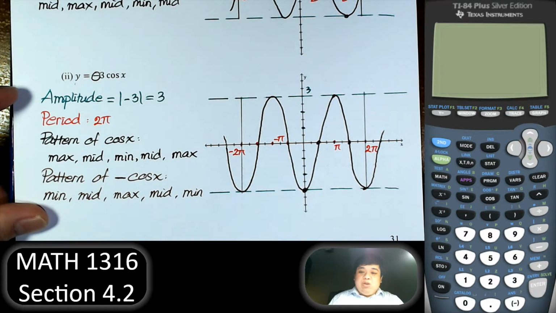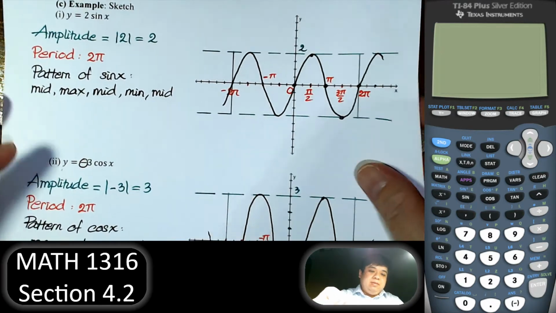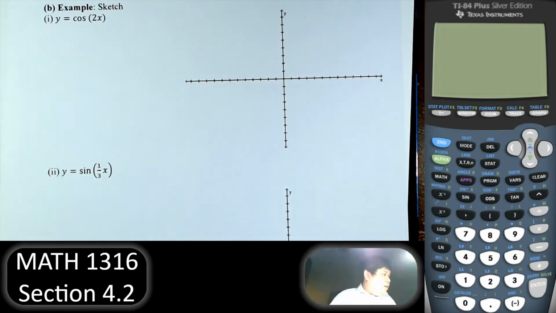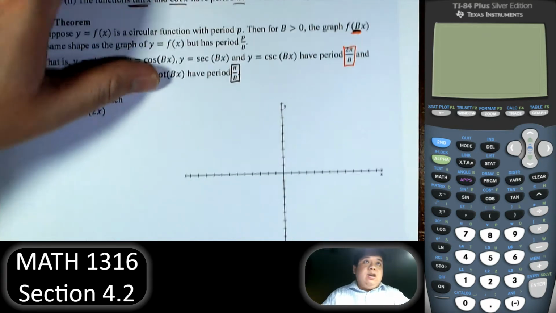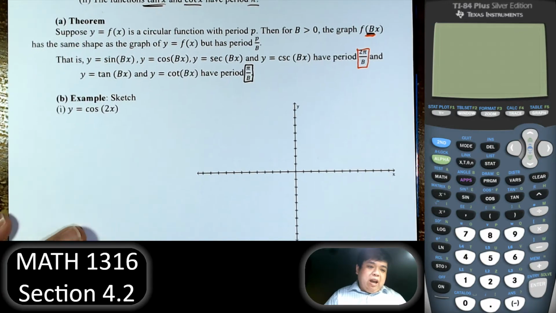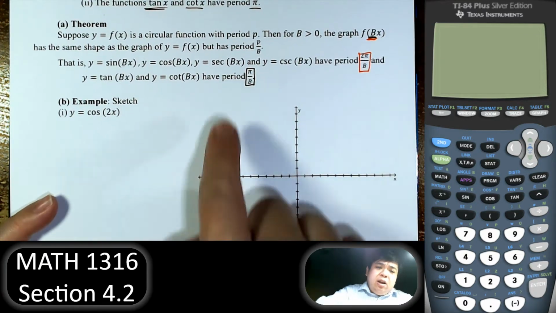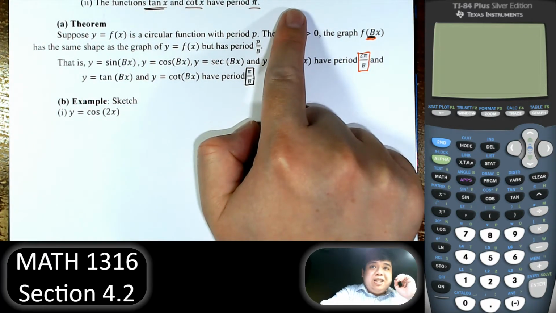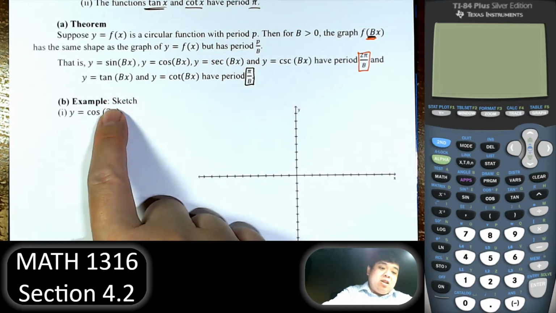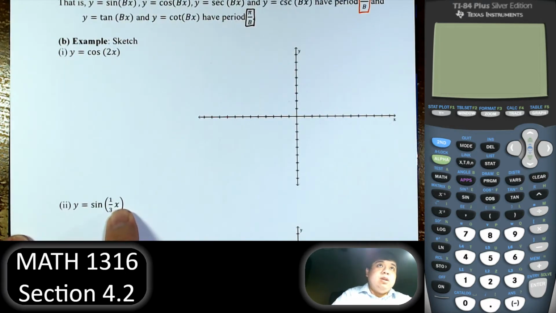Now we just add more and more to it. Next, when we have a different amplitude and period: by default, sine, cosine, secant, cosecant have period 2 pi. If there's a number in front of x, the period will be 2 pi divided by that number.